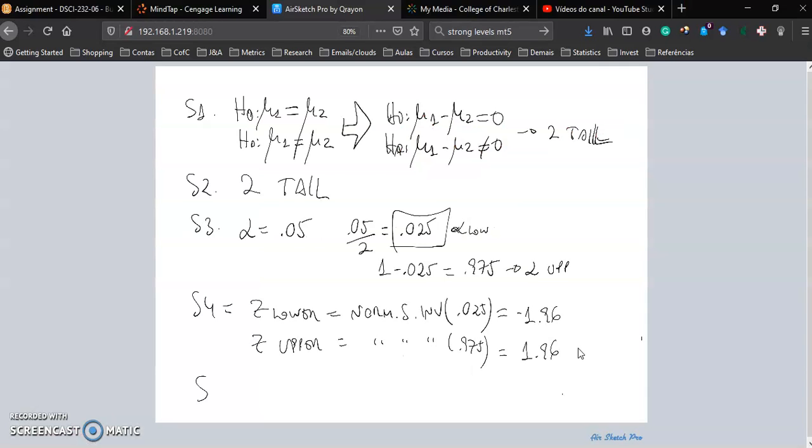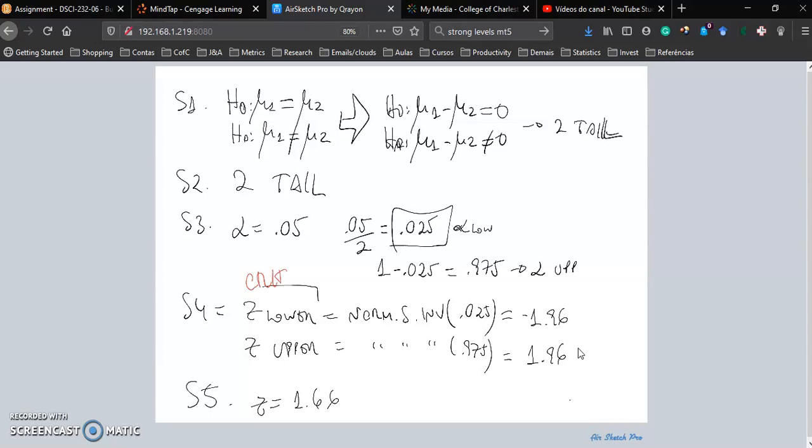So step number 5, z is equal to 1.66. This is z critical. Okay, so these are z critical, and this is my z, my test statistic.